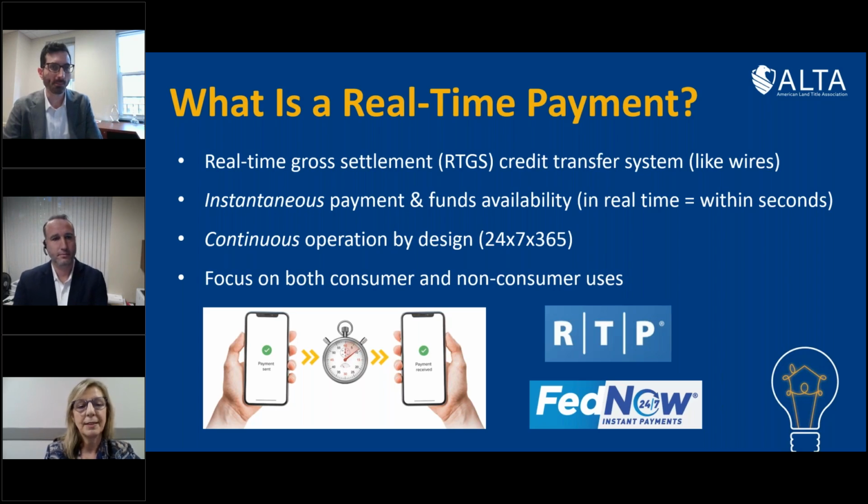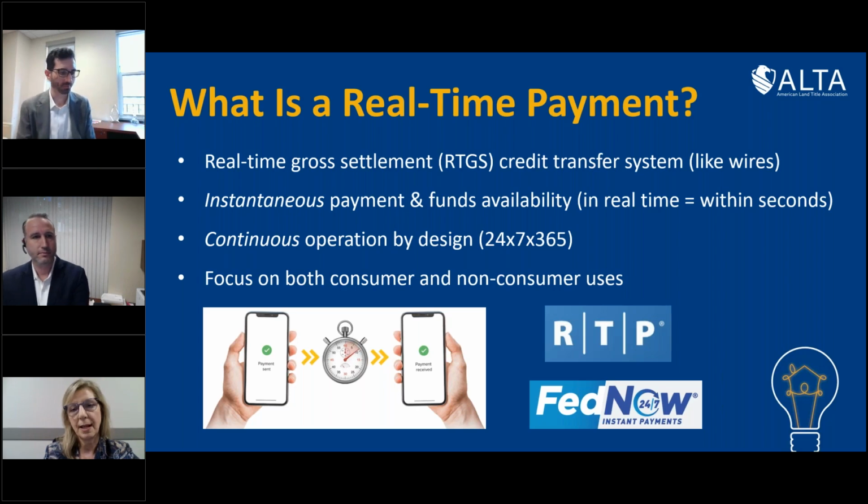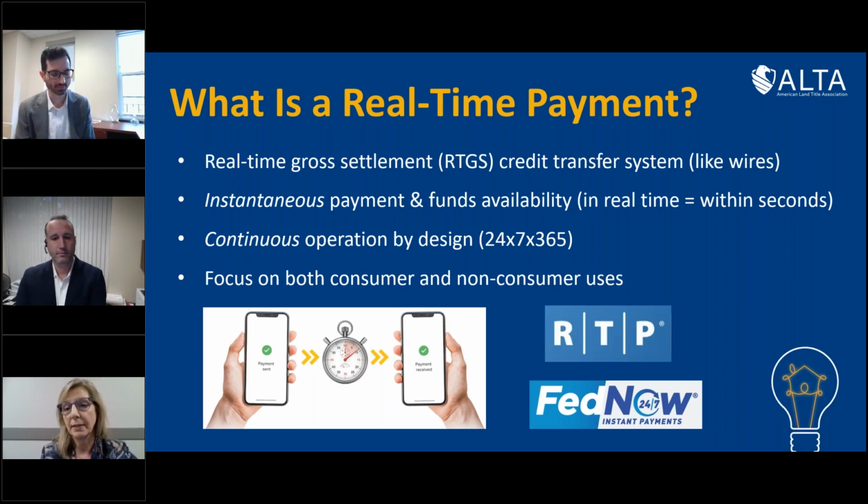As we mentioned at the outset, there are 2 major real-time payment systems in operation today. The first is the RTP network operated by the Clearing House, and the second, which launched in July of this year, actually, is the FedNow service operated by the Federal Reserve. Like a wire, each operates as a real-time gross settlement system.